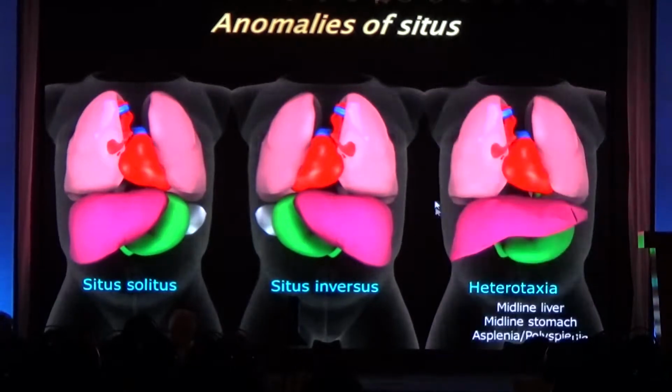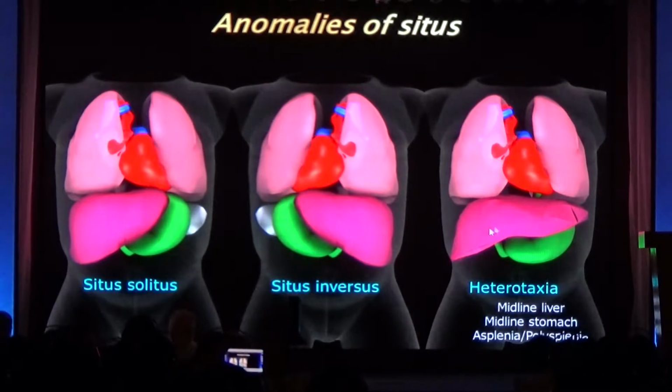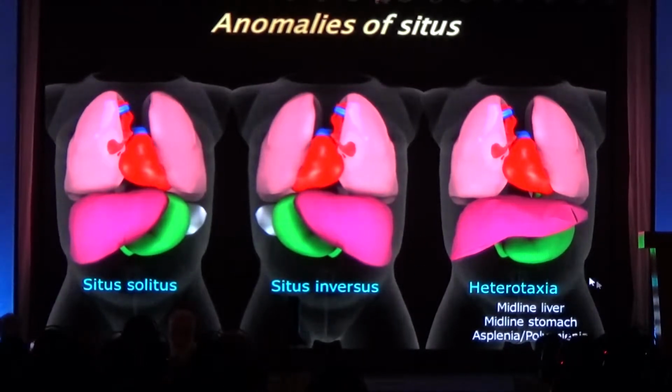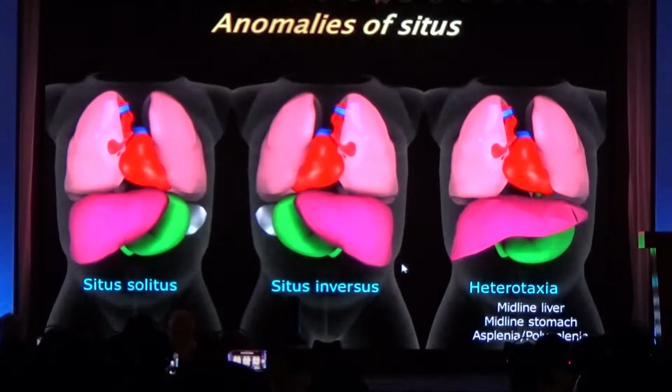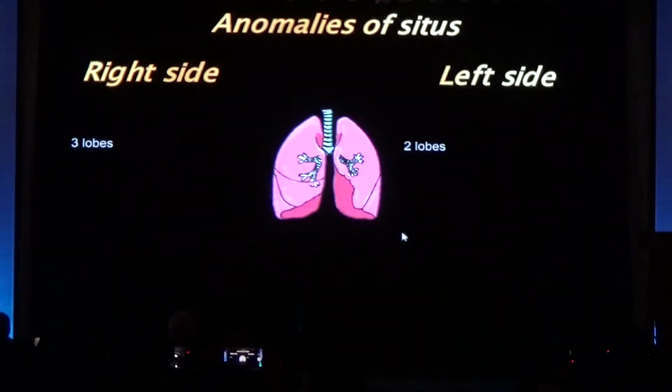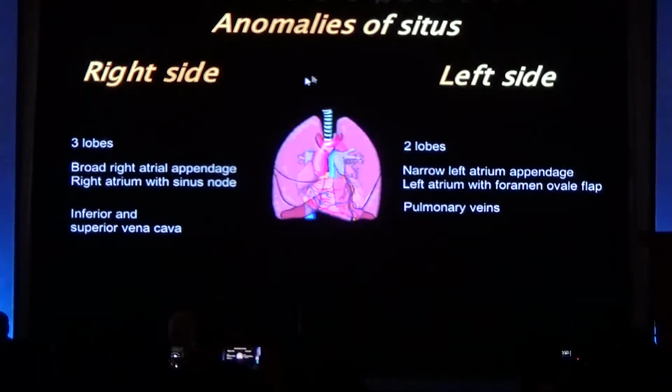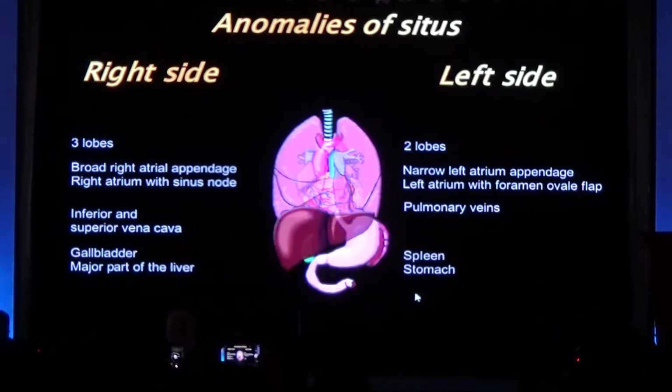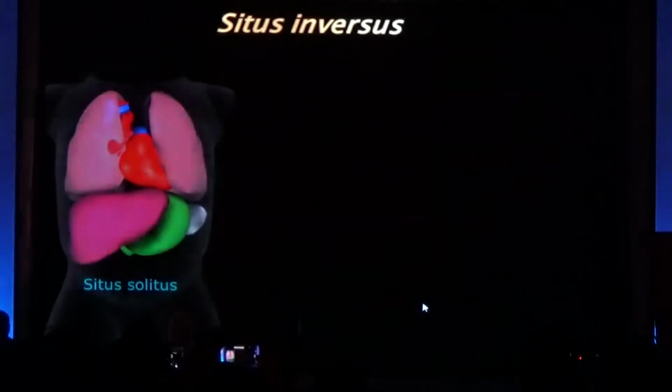And then you have anomalies of situs in which the heart and the stomach may not be on the same side. You may have the liver in the middle, and this is the one in which you think about heterotaxy. Now, I'm going to skip the way to identify, but there are some ways to recognize the right side from the left side. There are some organs typically on the right, some organs typically on the left side.